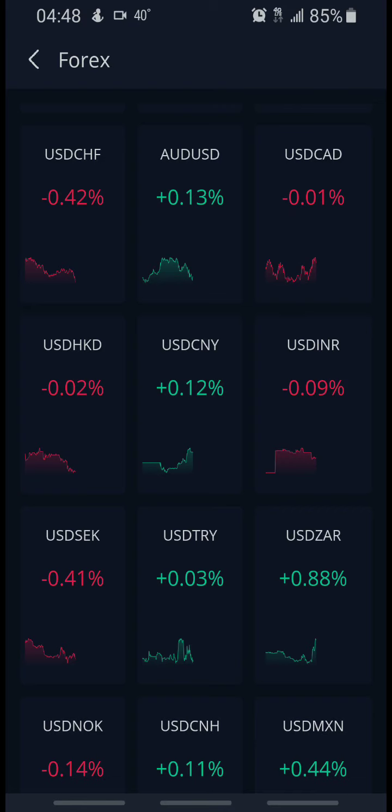Period. Ever again. As you can see, there's variables here, basic variables. Either the dollar is rising or falling against other currencies, or other currencies are rising against the dollar.